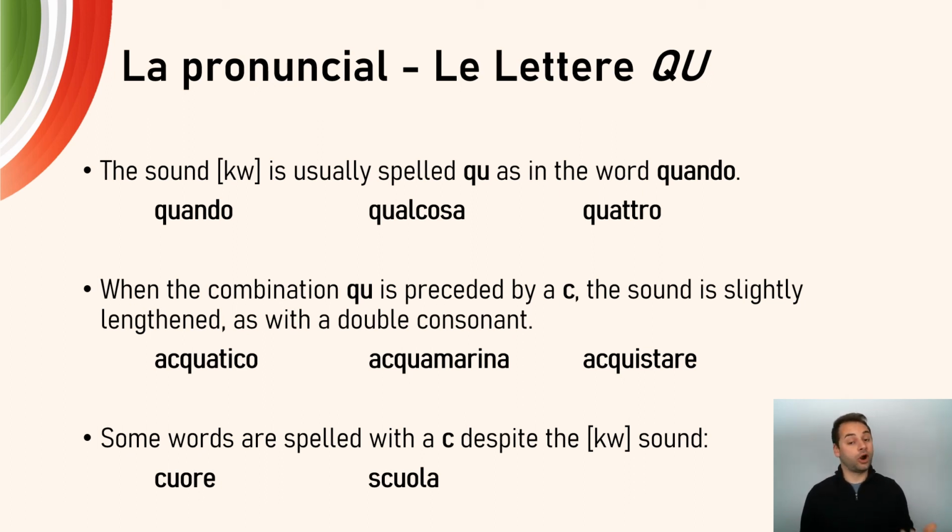Now, there are some words, though, that have that Q sound, but are spelled with a C. These, again, in difference, need to be just sort of taken note of, memorized. That way you're excelling with that pronunciation. But let's see two examples. Cuore, scuola. So those are two examples of that Q sound, but being with the letter C instead.